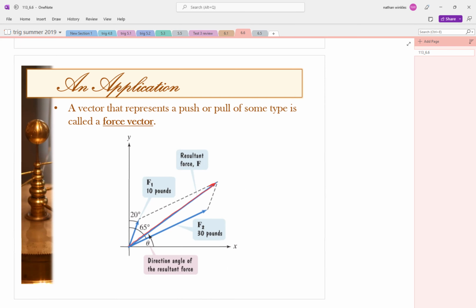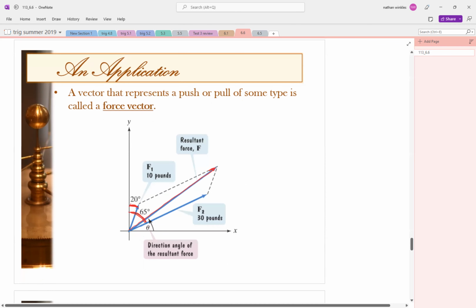Anytime we're talking theta, we're actually talking theta off of the y-axis, not off of our standard piece here. So notice that force 1 comes 20 degrees off of the top here, and then 65 degrees comes here. Yes, I know I quoted them the other way, but understand this is off of the y-axis because that's the direction that we're pulling it.